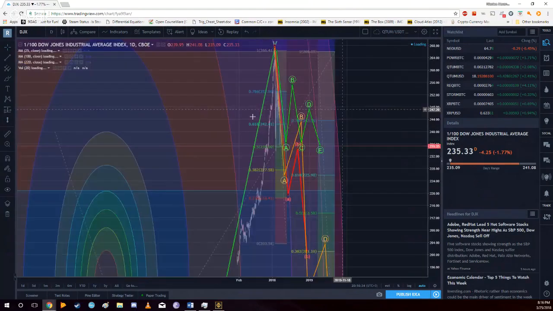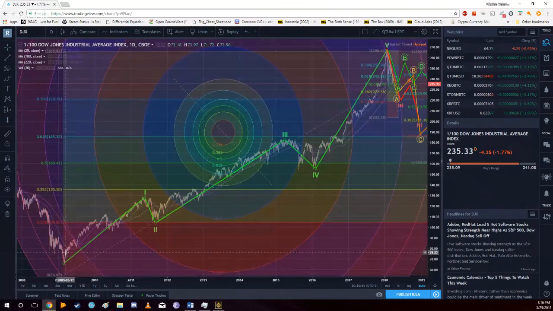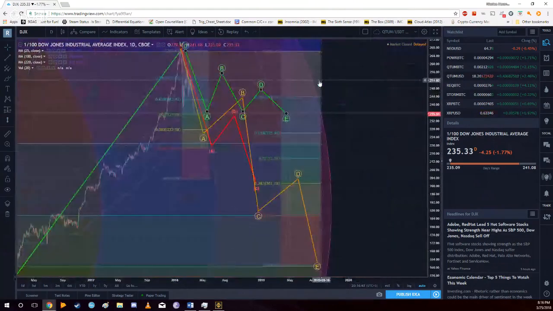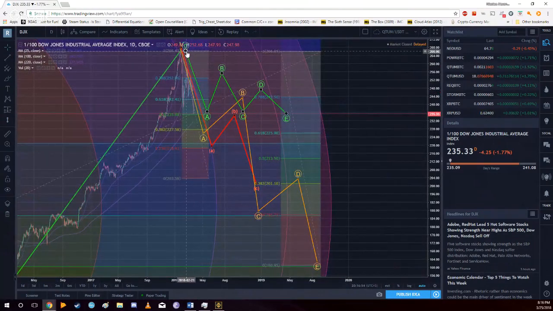Let's look at this chart. See, the impulse started in 2009 and is finishing the fifth Elliott wave right here, and it should enter a correction, at least this minor correction here in green.